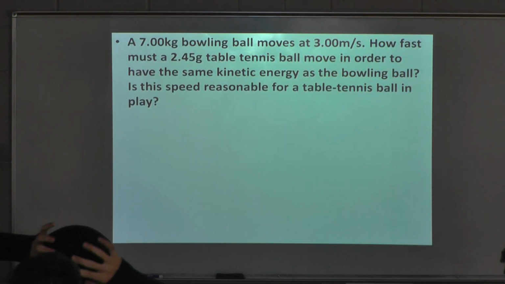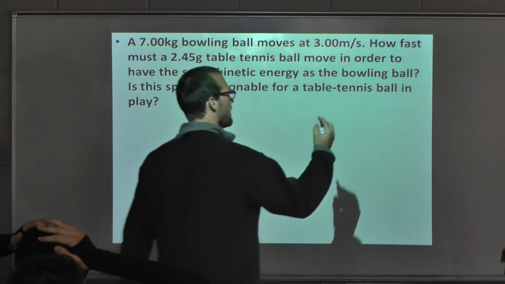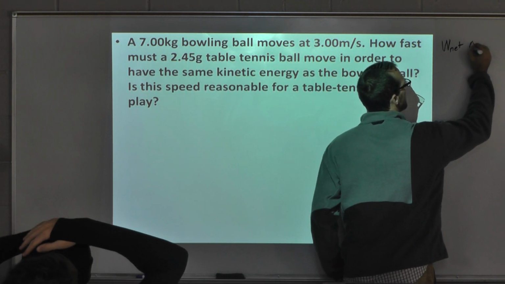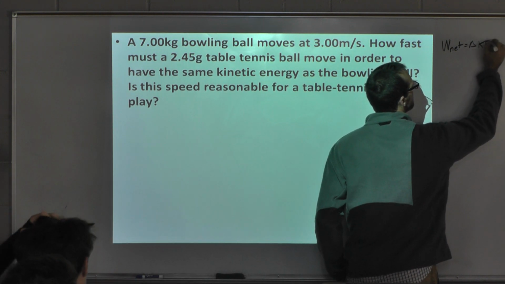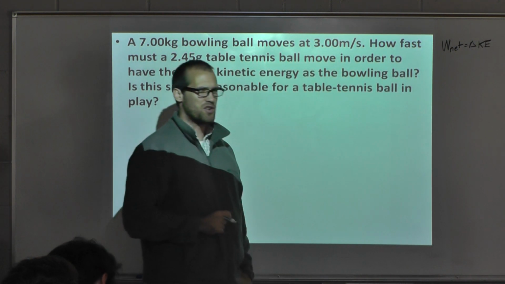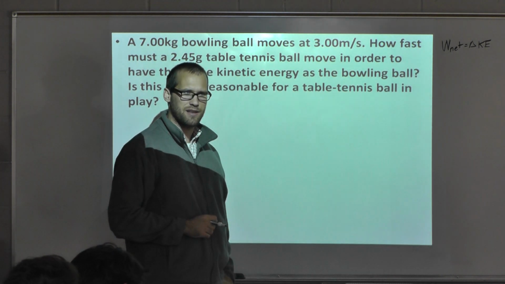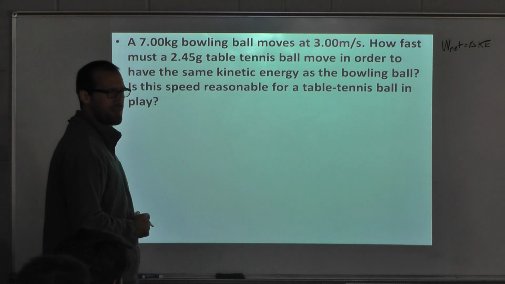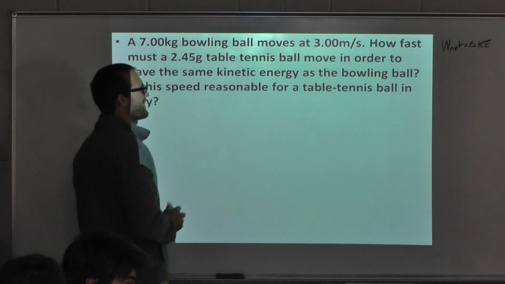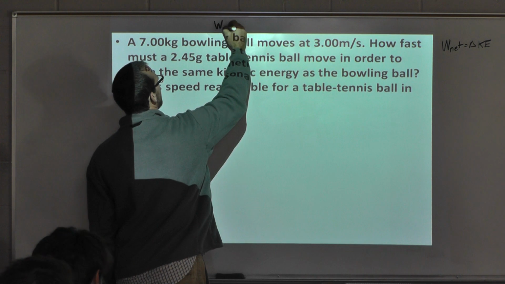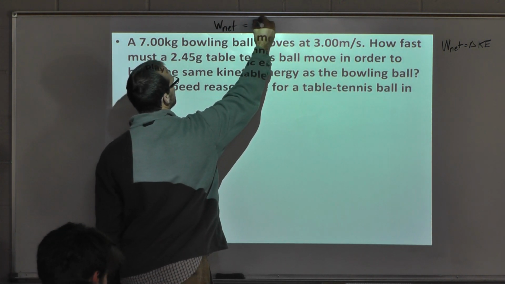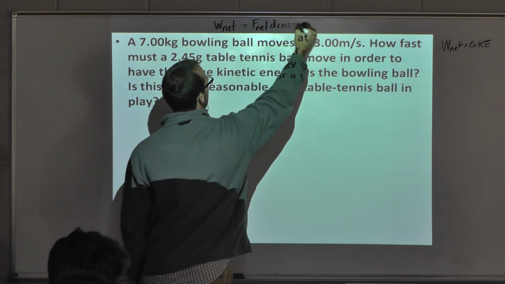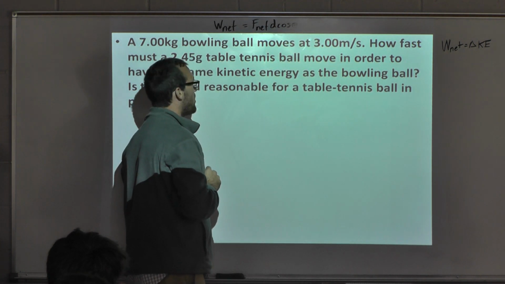Before I do this problem, we said that net work equals the change in kinetic energy, yes? But we also know net work equals a couple other things, right? Net work equals net force times d cosine of theta, isn't that what the work equation is?